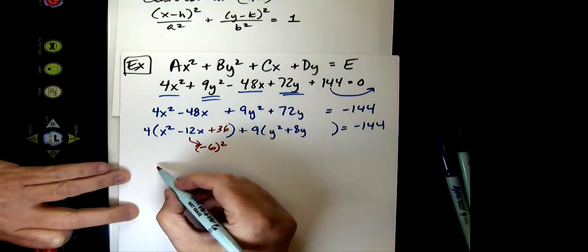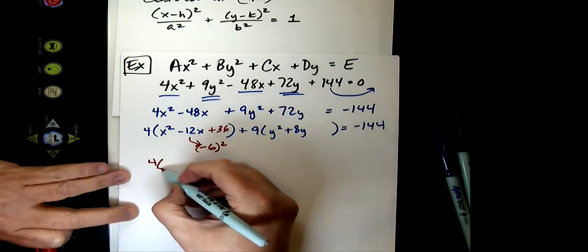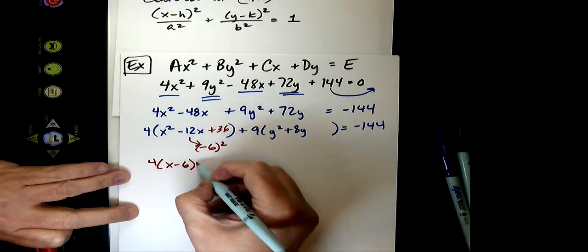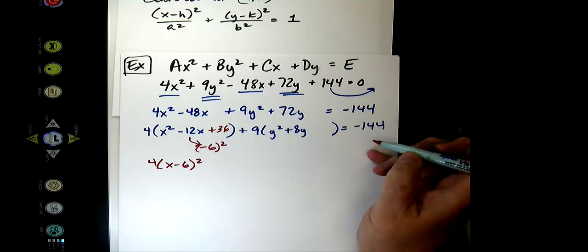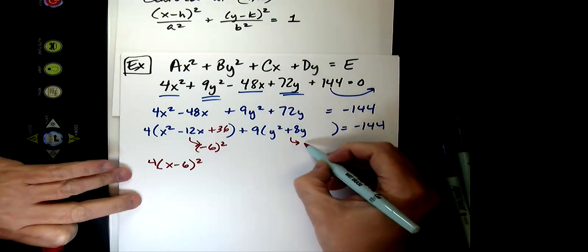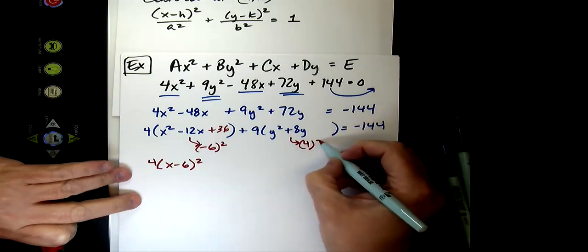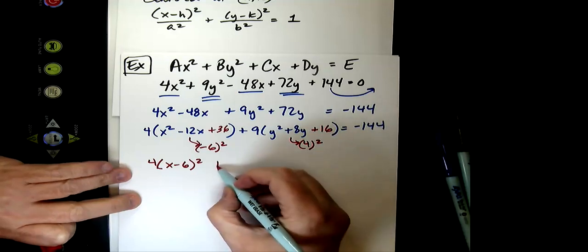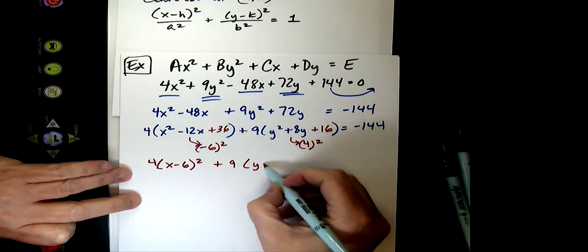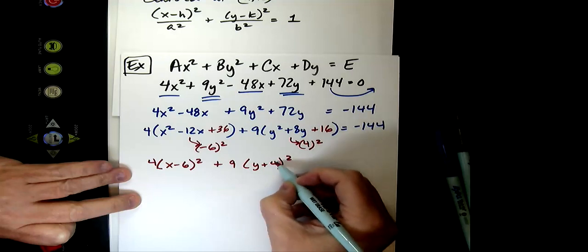I'm going to have 4 times (x minus 6) squared there. Here, I cut that one in half, square it, and I get plus 16. I'm going to have 9 times (y plus 4) squared there.